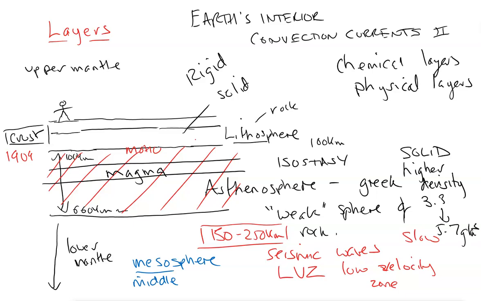Now, the rule of thumb is as you go down deeper, you increase both the density and the temperature. So there's a kind of fight between those two properties, density and temperature.